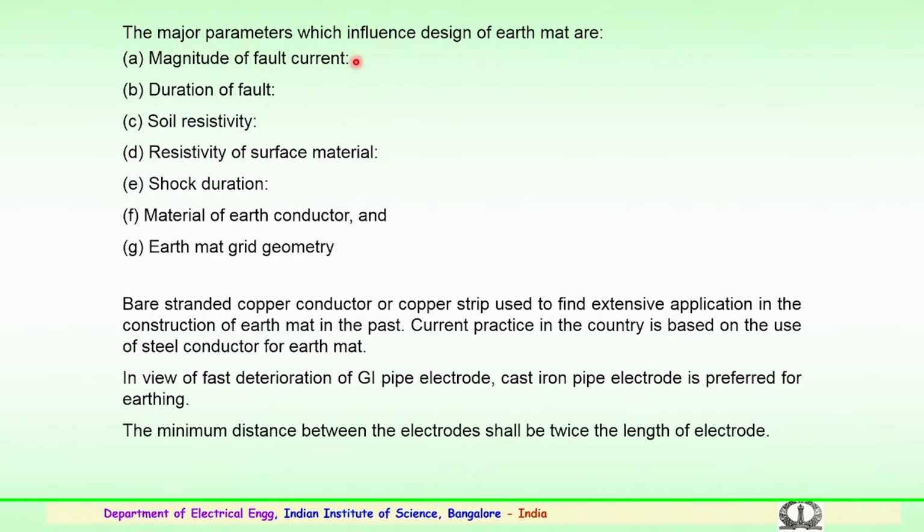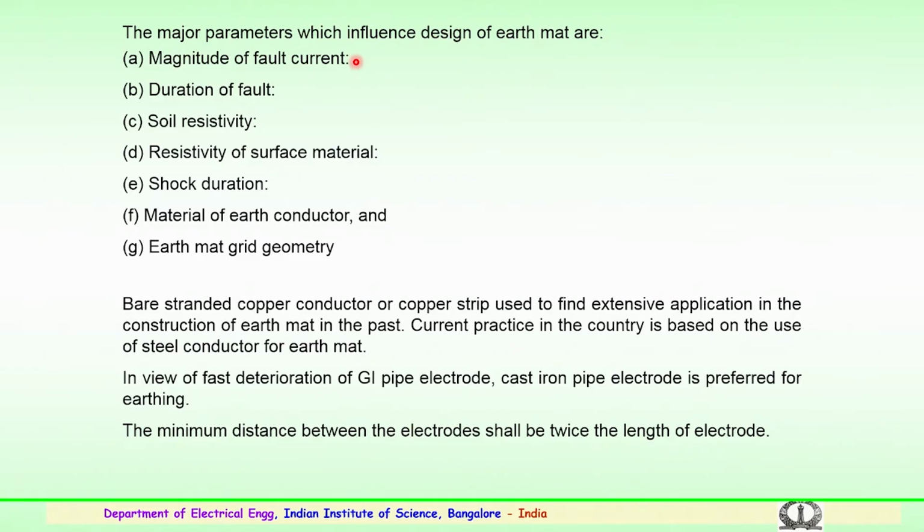Any bare stranded copper conductor or copper strip found extensive application in construction of the earth mat in the past. Presently, the practice in the country is mainly based on the use of steel conductor for the earth mat.